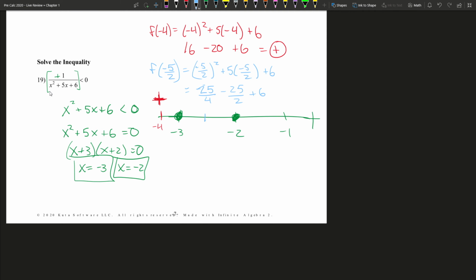That's going to give us a negative value. So this will be negative, and then we test to the right.